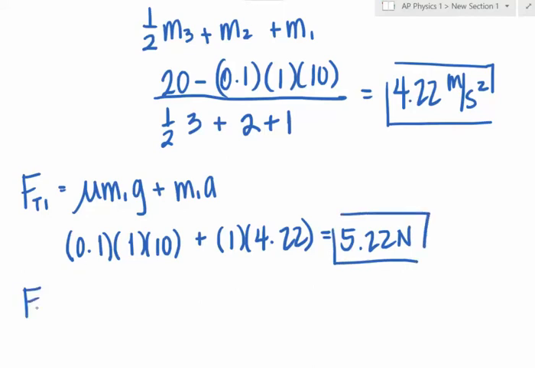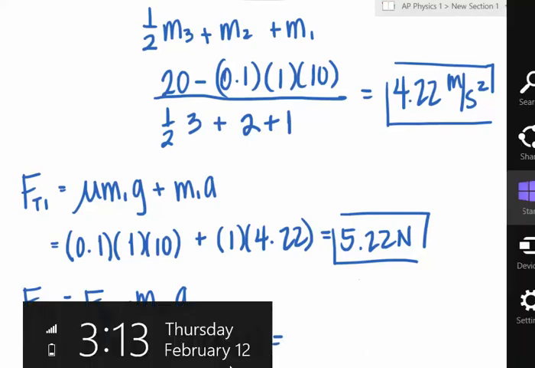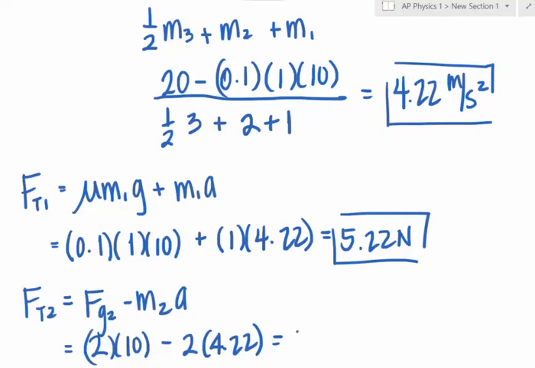The tension in the second cord would be Fg2 minus M2A, which would be 2 times 10 minus 2 times 4.22. And that's going to be a big number.